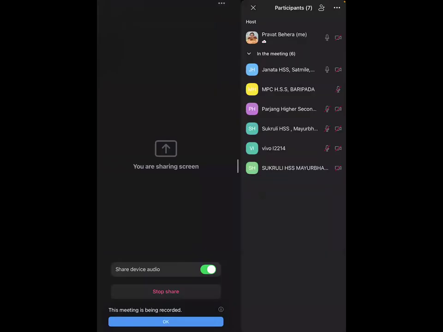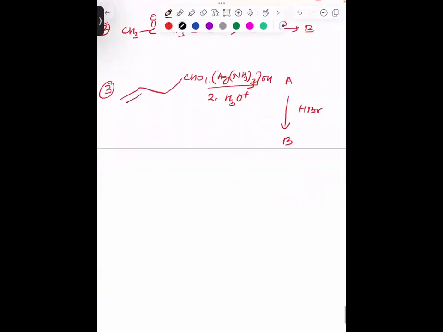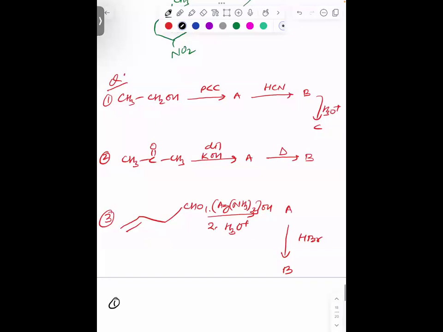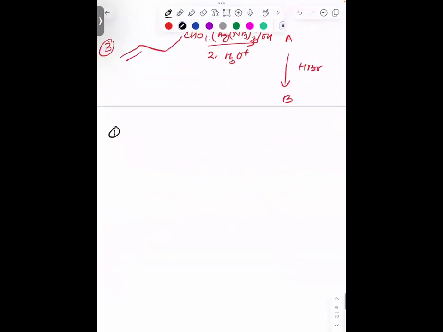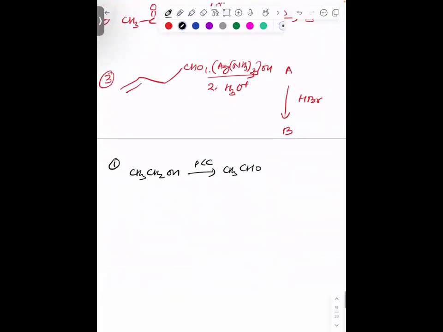Okay, now I'm going to discuss, and after discussion, we'll wind up the class. First it is CH3CH2OH. So with PCC, the primary alcohol will be converted to aldehyde, and then addition of HCN.